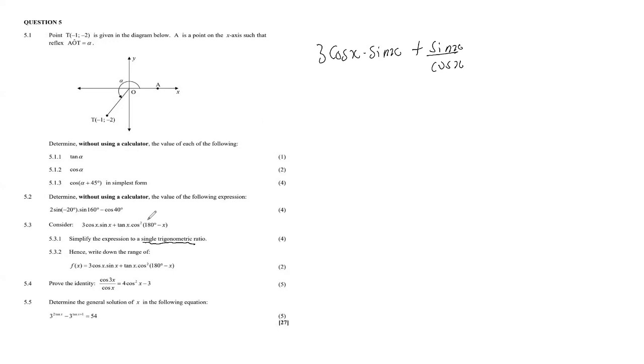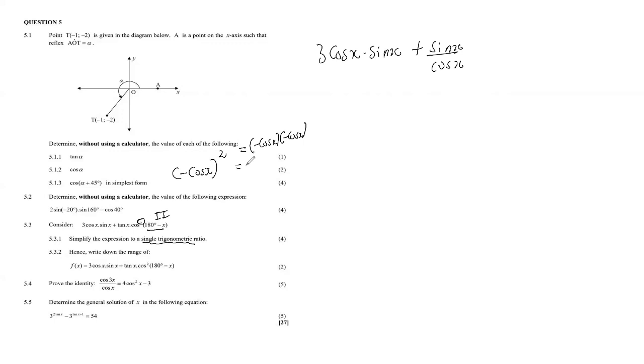But then the cos squared 180 degrees minus x, we know that cos in the second quadrant is negative, but then since we have a square here, that negative will double and then eventually end up being a positive. So actually this is what happens. We know that cos in the second quadrant is negative, but since we have the square, this is more like having negative cos x squared. So if we expand this, this is negative cos x and then negative cos x.